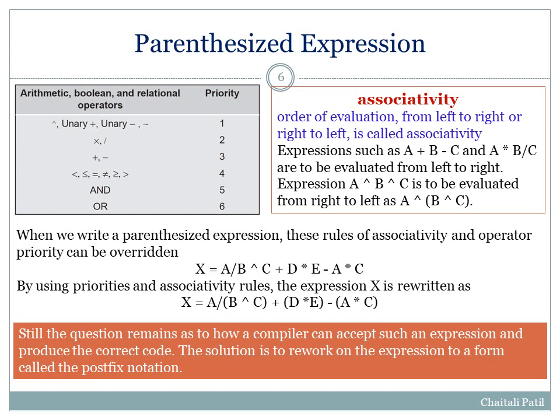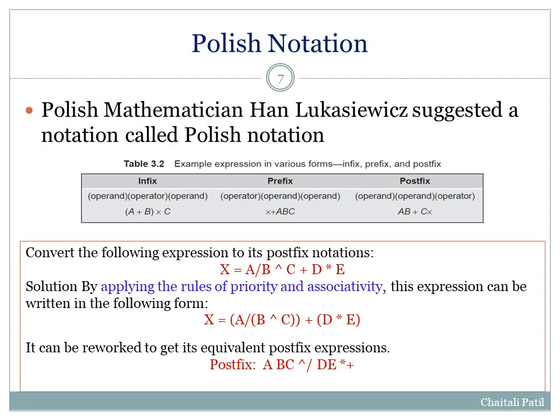But still, the question remains as to how a compiler can accept such an expression and produce the correct code. The solution is to rework the expression to a form called postfix notation. So, we need to convert this expression into another form and that form is postfix notation.